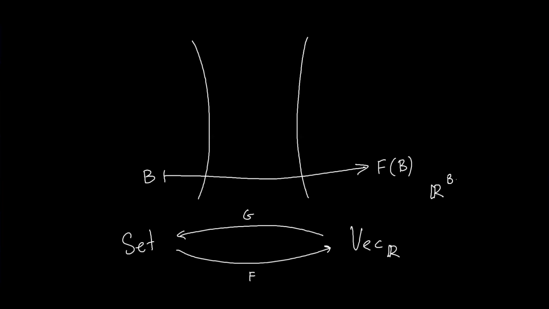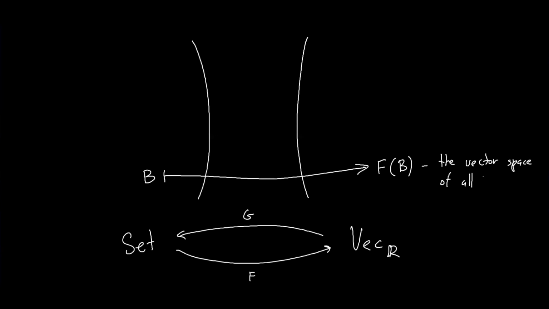But when B is infinite, we only want those functions that have finitely many non-zero values. So there's no notation for such a function space. None that I'm aware of. There might be, but I'm speaking under correction. I'm not aware of a standard notation for what we're looking for.